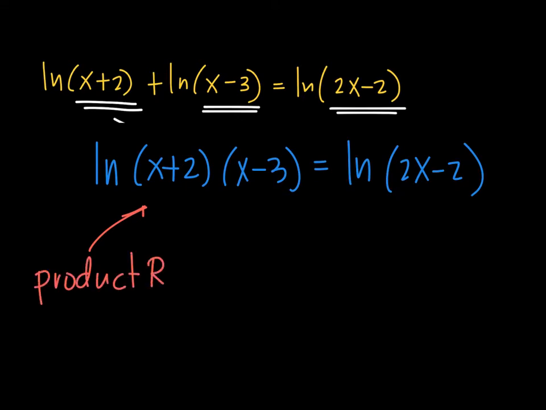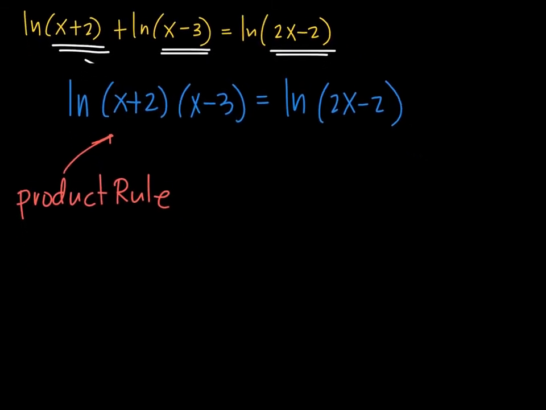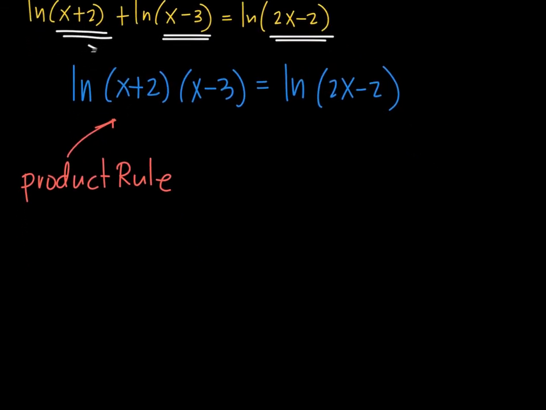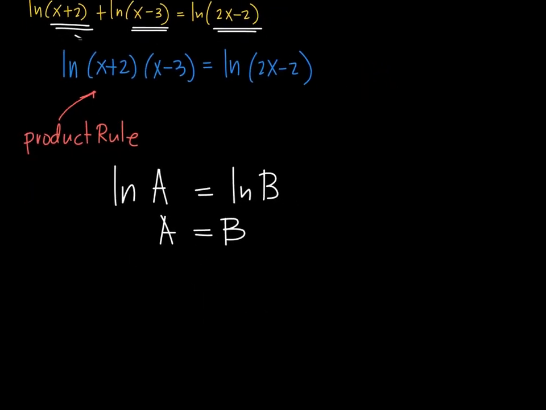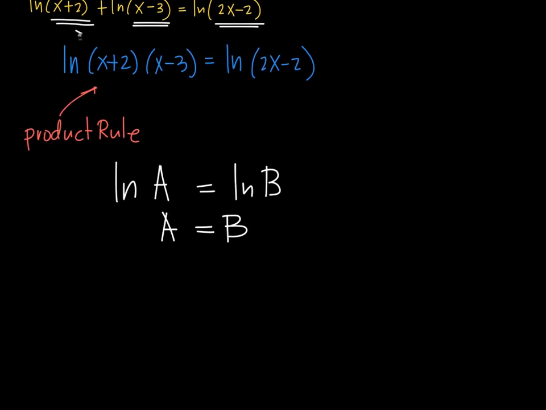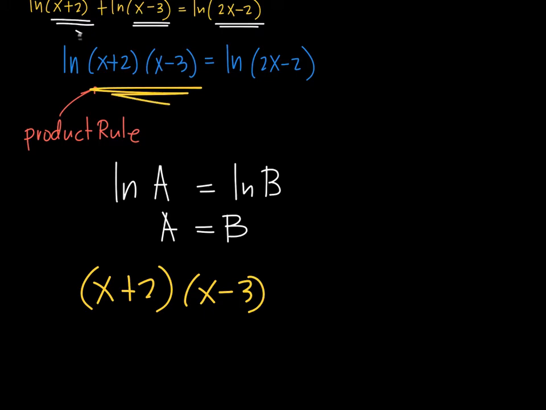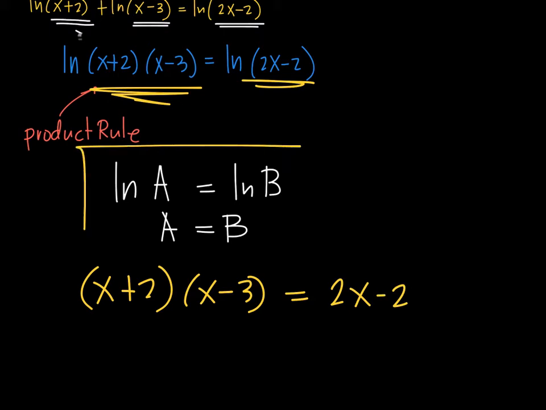Now, whenever we have one ln on one side and one ln on the other side, take note of this idea: if we have ln of A equal to ln of B, then A must be equal to B. That gives us x plus 2 times x minus 3 must be equal to 2x minus 2 because of this idea.